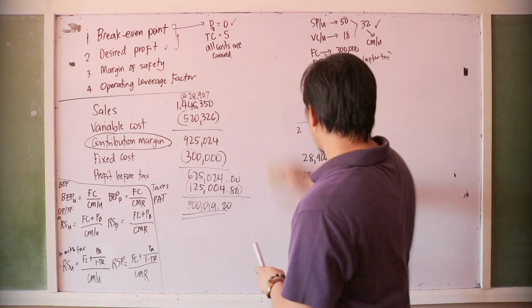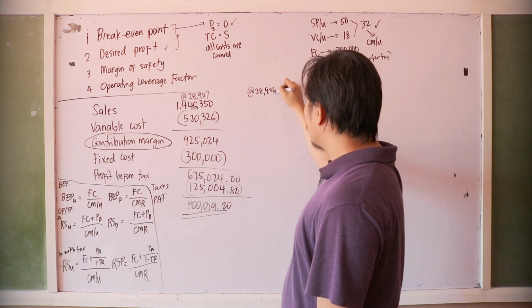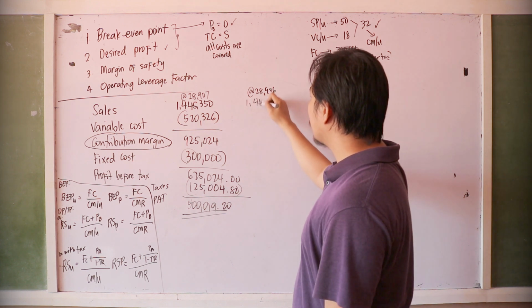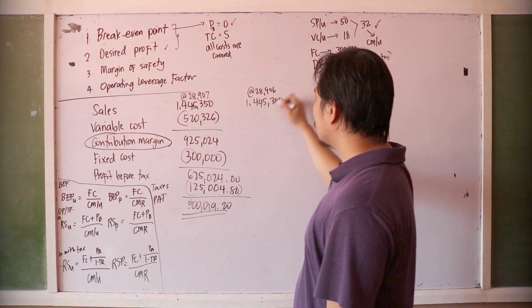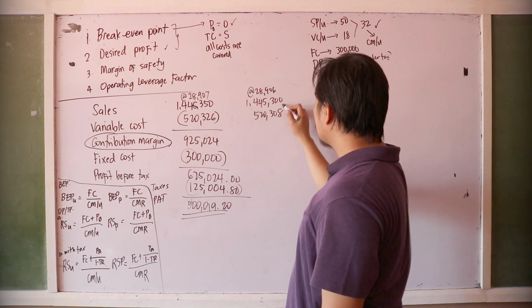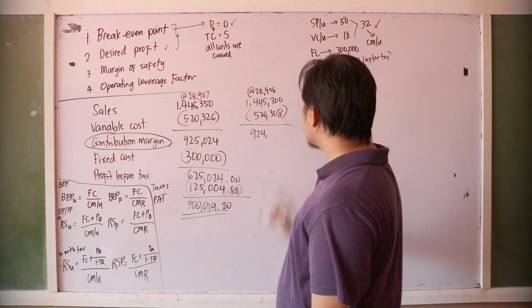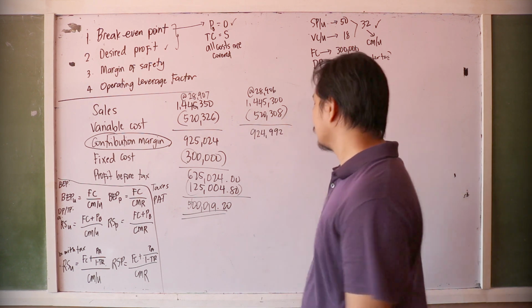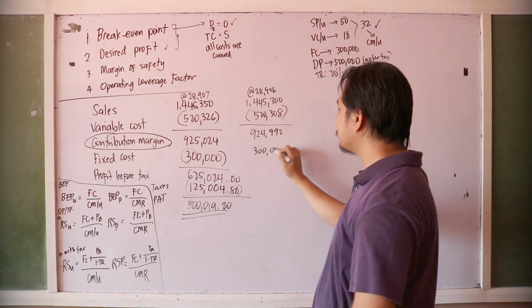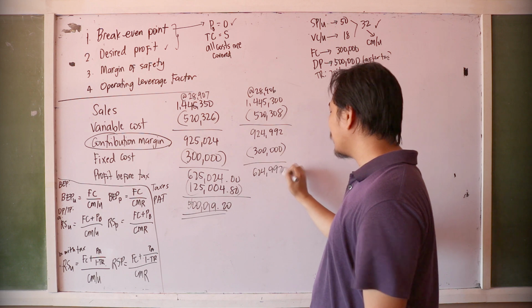What if 28,906? So ito magiging 1,445,300, and then ito naman 520,308. Ito naman magiging 924,992 less 300,000, 624,992.